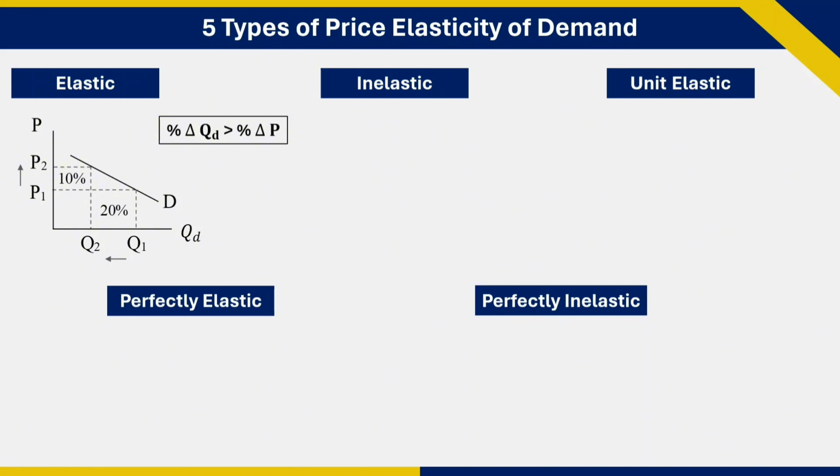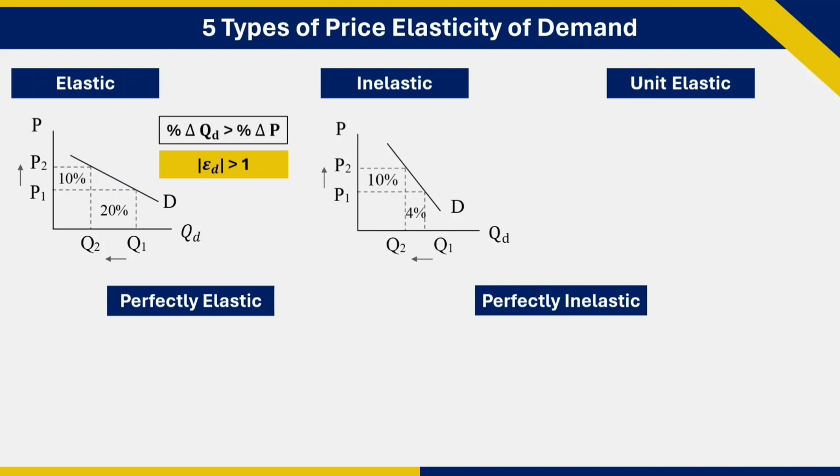That means when the percentage change in quantity demanded is greater than the percentage change in price, the demand is called elastic. The coefficient of price elasticity of demand is greater than 1 because the change in quantity demanded is higher than the change in price. The flatter the curve is, the more elastic the demand will be.